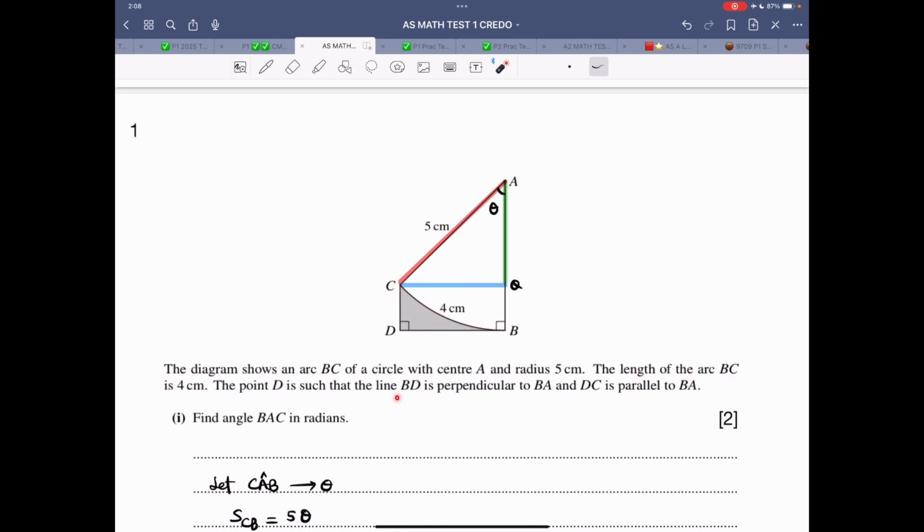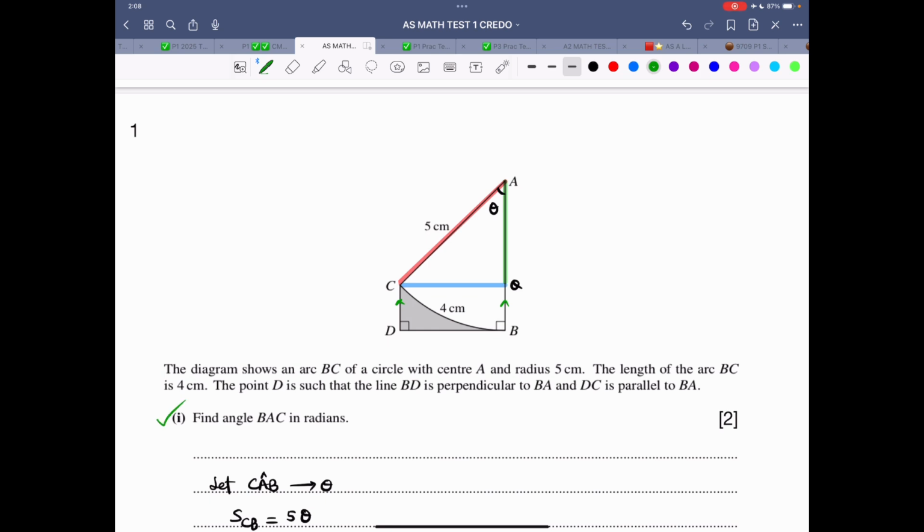The point D is such that BD is perpendicular to BA, so this is a 90-degree angle. DC is parallel to BA. So this is DC, that is over here, that is parallel to BA. So of course, since it's a right angle triangle, it has to be parallel like this. And then they are asking us, find the angle BAC in radians.